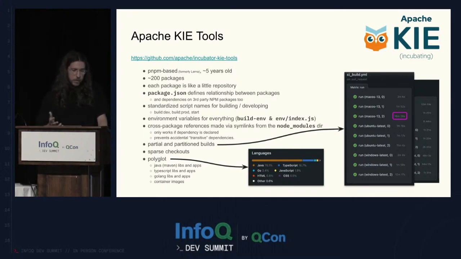And the way we put everyone under the same build system was by using standardized script names. So each package that has a build step has two commands called build dev and build prod, and packages that can be standalone developed have a start command. Then all the configuration is done through environment variables, borrowing from the 12-factor app manifesto, I guess.